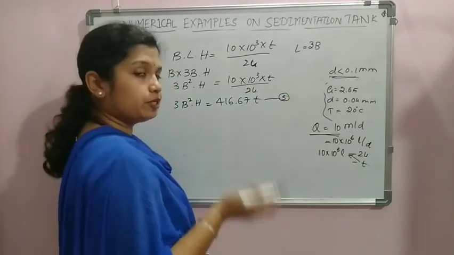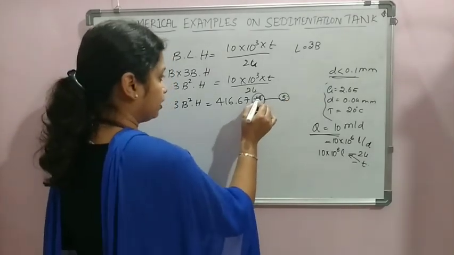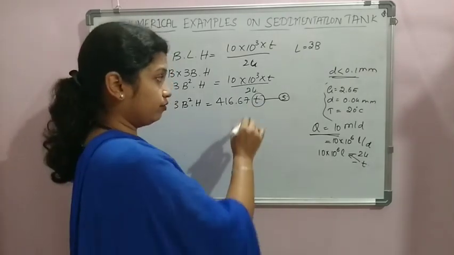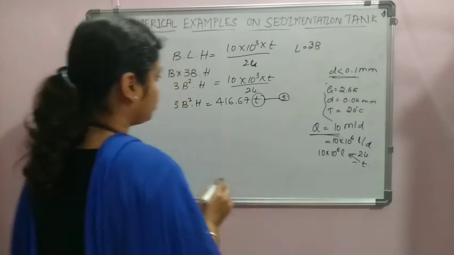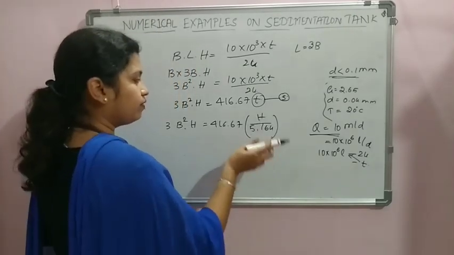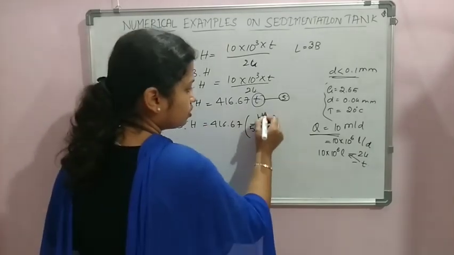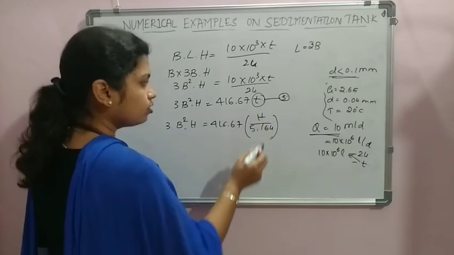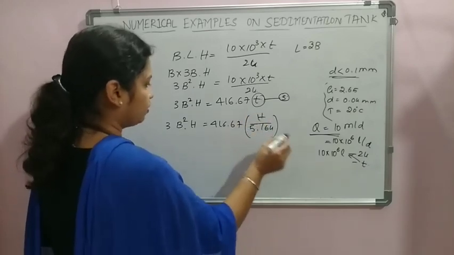From equation 1 we know the value for T. The same thing we are going to substitute in equation 3. Here in this step we have substituted the value from equation 1, that is H divided by 5.164.